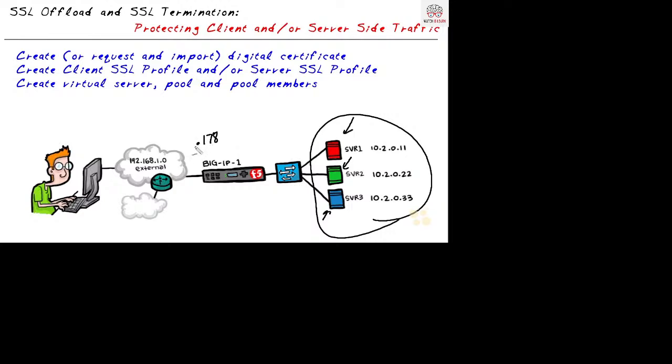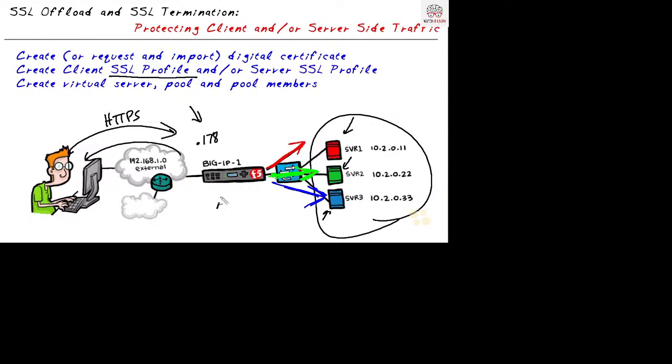And with that virtual server, we could create an SSL profile and apply that SSL profile to the virtual server. And then we can have Bob connecting to that virtual server using HTTPS. And then the Big IP appliance can still do its load balancing on the back end to these servers that are just running plain Jane HTTP services.